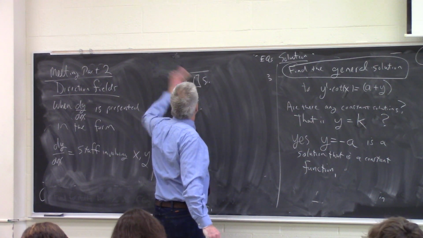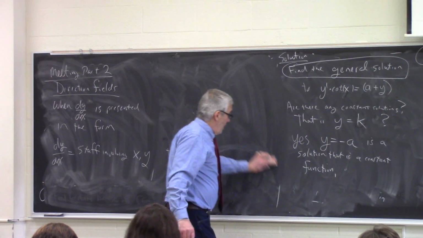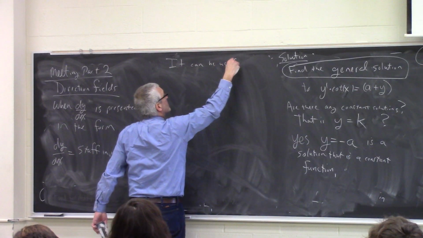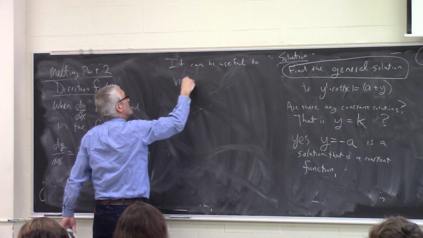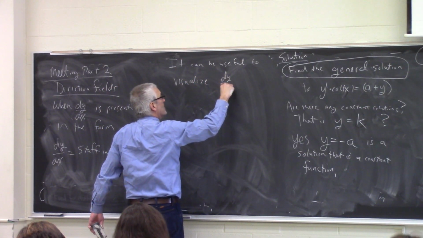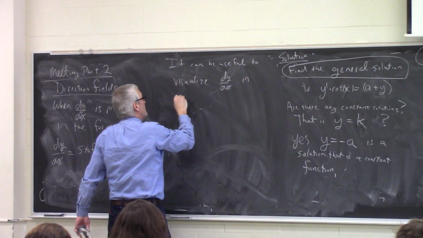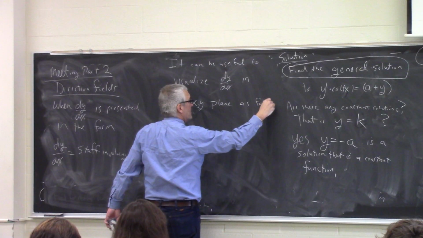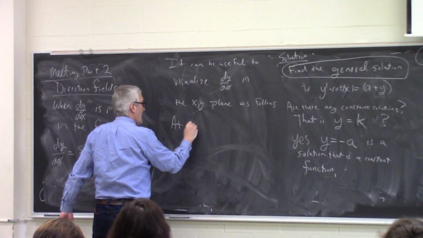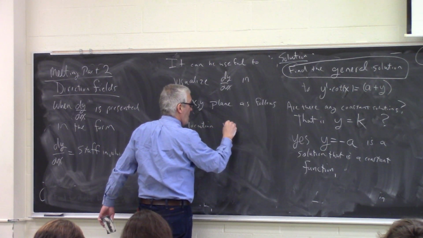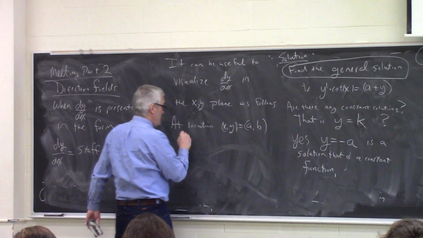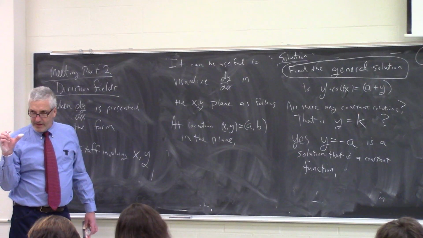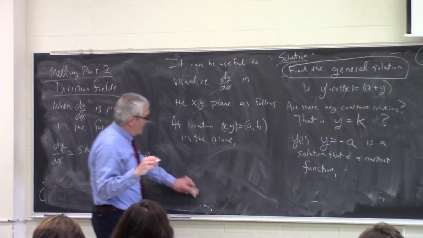It can be useful to visualize dy dx in the following way. So visualize it in the x, y plane as follows. At location x, y equals a comma b in the plane, put a little miniature tangent line that indicates the size of dy dx at that point.